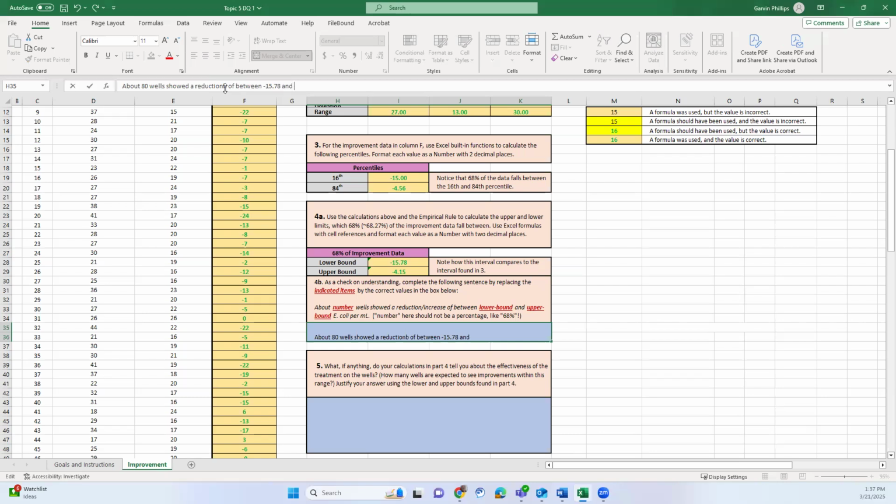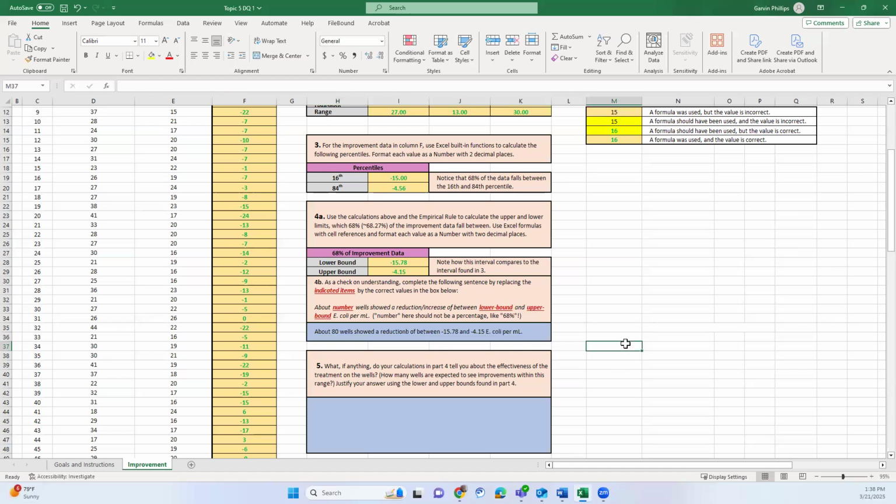And the upper bound, which in my case was 4.15, E. coli per milliliter. Okay. And then put a period at the end of your sentence. So there we go. I've answered that.